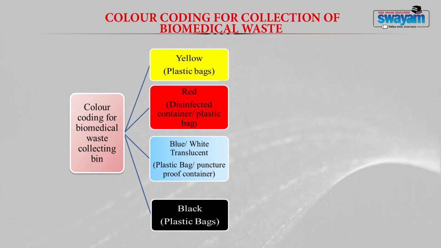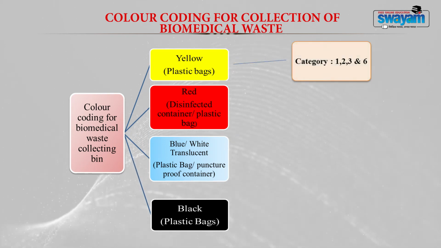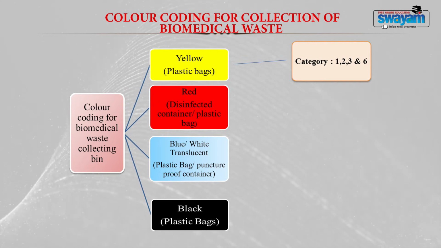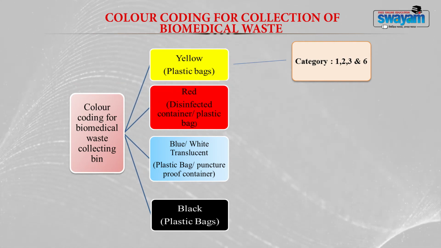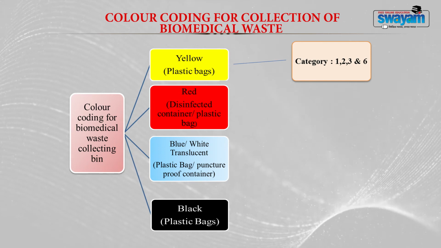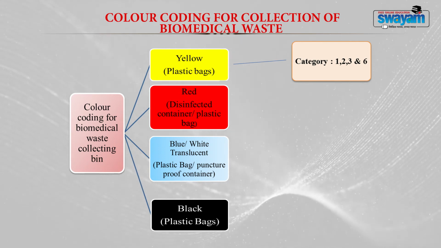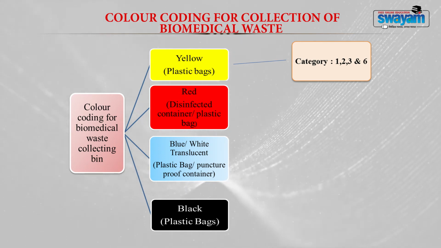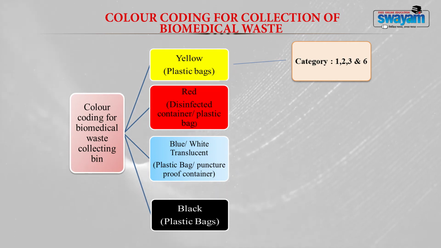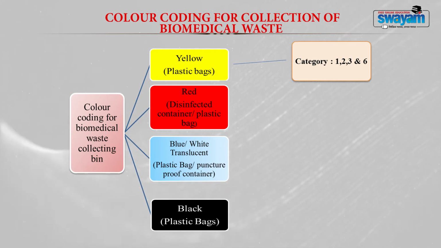Different waste categories which we discussed previously will be stored in different types of bags. Now, the yellow bag is for category 1, 2, 3 and 6. 1 belongs to human anatomical waste, 2 is animal waste, 3 is microbiology and biotechnology waste, and 6 is soiled waste.